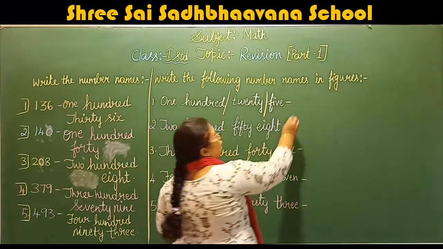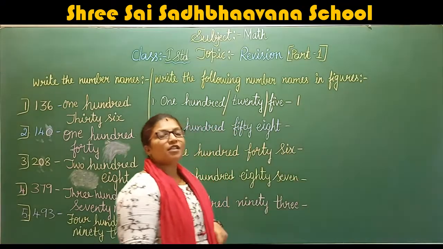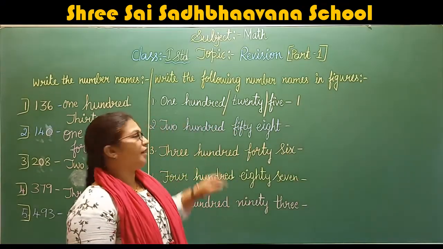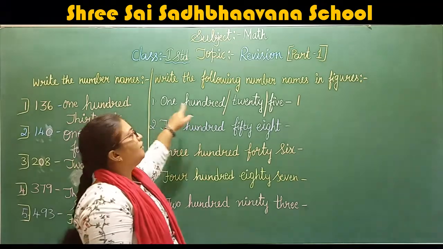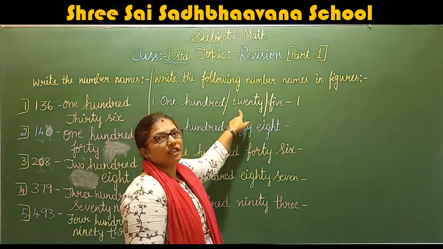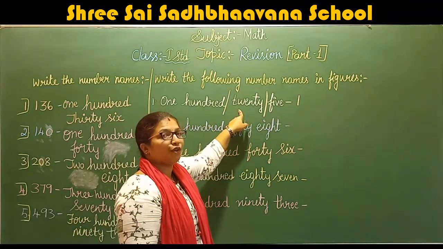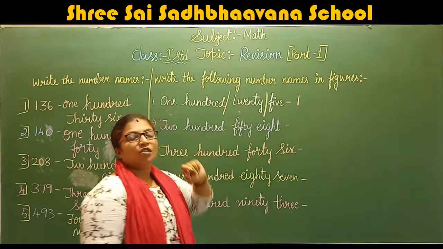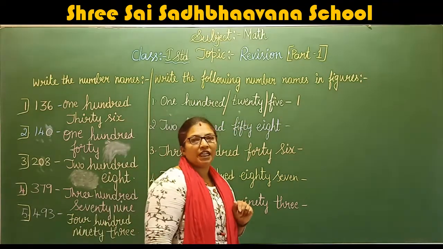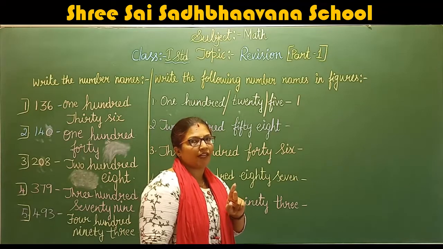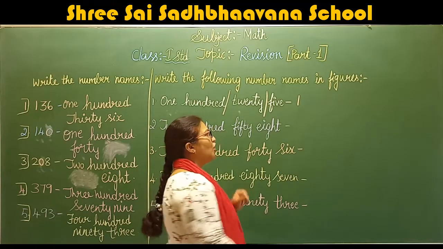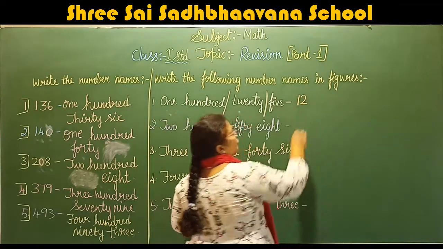You should write 1. First, in the hundreds place, what is given? 1. Then in the tens place, what is given? 20. For 20, how many tens will be there? 2 tens will be there, right? So you should write 2.